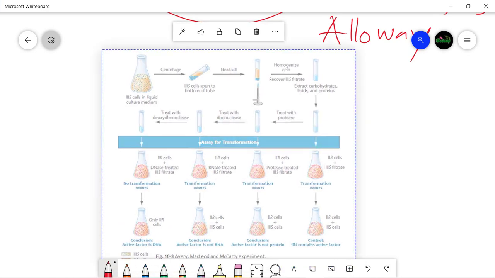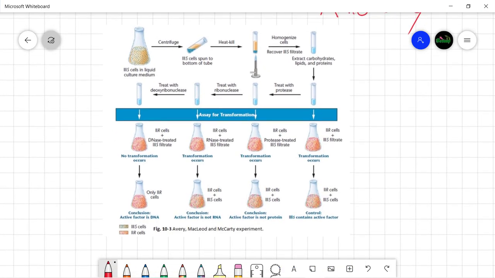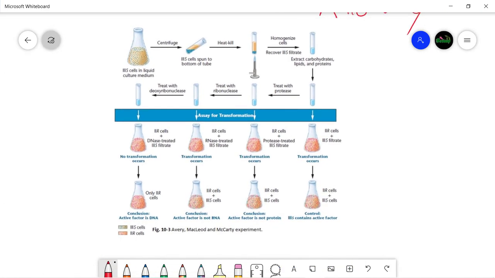So this is a diagram showing their experiment. As you can see, they took type 3S cells in a culture medium, centrifuged it, and then heat killed it. And then what was done? Homogenization of the filtrate. Please don't worry about all these steps or how it is done.